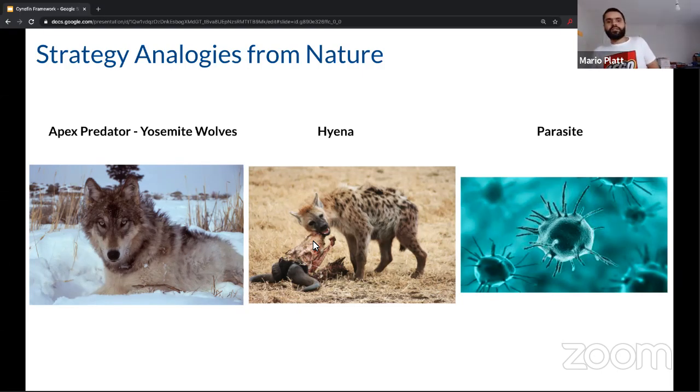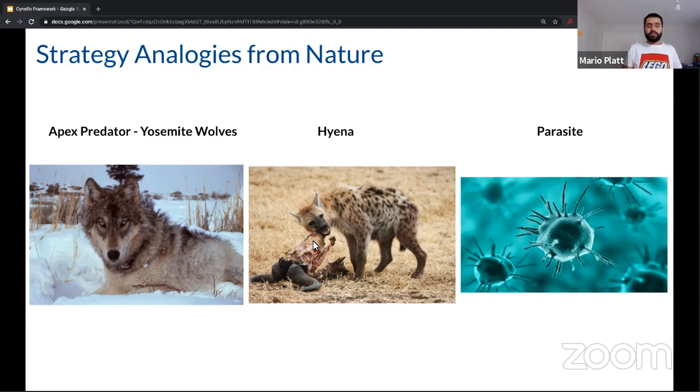Gray wolves. So the apex predators basically do what they want, right? And the apex predators can do that because they can't fail until the conditions in the environment change. So examples from nature would be the T-Rex, the Yosemite wolf, which in their own ecosystem were at the top of the chain, and they have that until the conditions change. And what happened in Yosemite in the 1910s, 1920s, was that they were taken out of the environment.